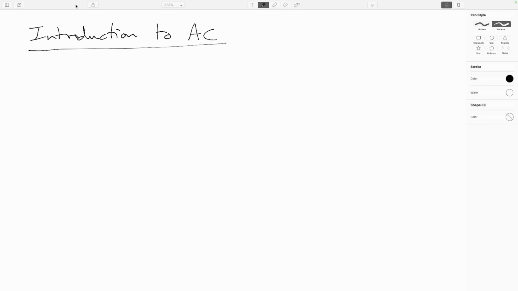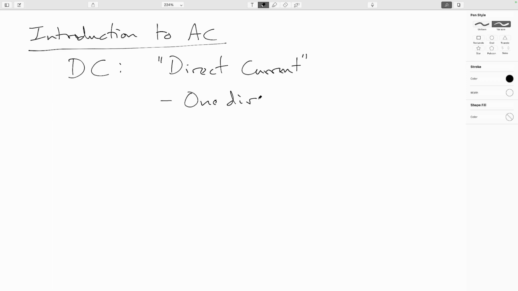And we'll start just by defining the terms DC and AC. So DC stands for direct current. And this means the current flows in one direction only. So your typical battery circuit that you wire up, this is the sort of thing you'll see. AC stands for alternating current.